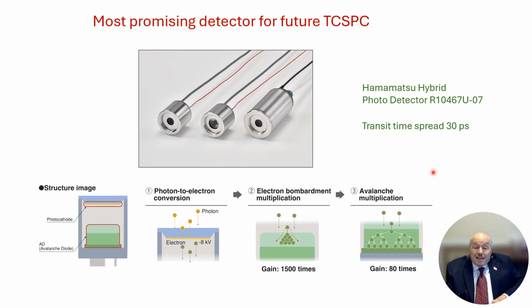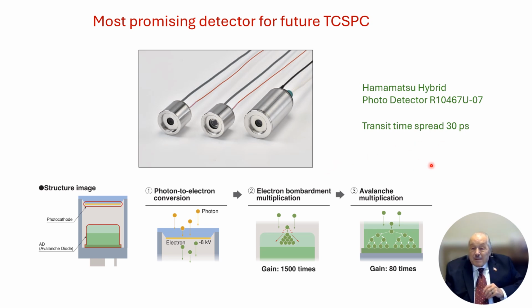Oh, and I just thought I'd show you this. I don't know why I thought you would find this interesting. But there are some really promising things coming out in the future for detectors. These are some of the latest detectors from Hamamatsu, and they're called hybrid photomultiplier tubes.